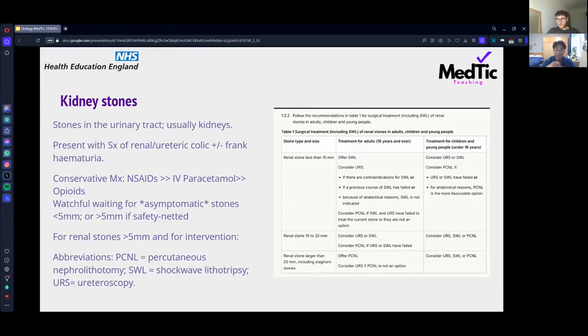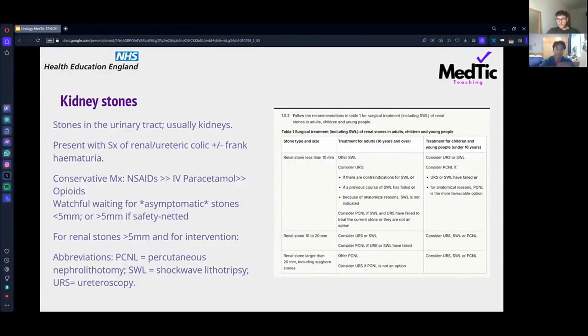So if the renal stones are above 5 millimeters and the patient doesn't want to watch and wait, which is understandable, the table on the right has the exact criteria. I'm not going to read it. For this specific question, the renal stone in question was definitely larger than 20 millimeters, and it is a Staghorn stone, as you can see on the X-ray. And so the treatment options are a percutaneous nephrolithotomy, or a ureteroscopy.